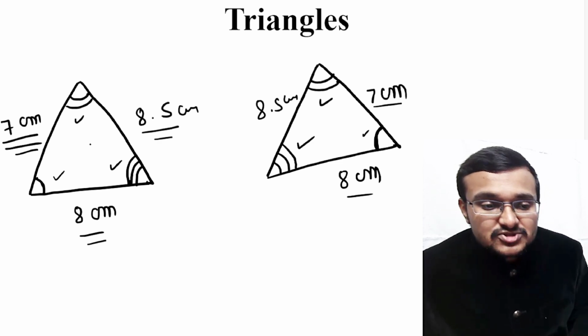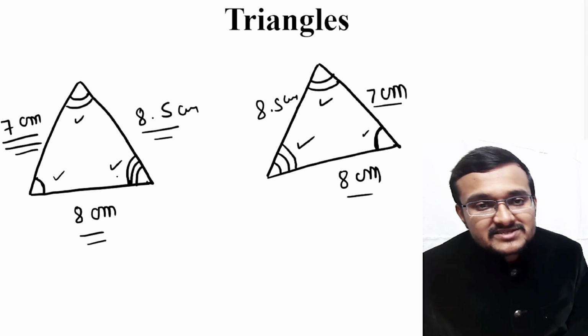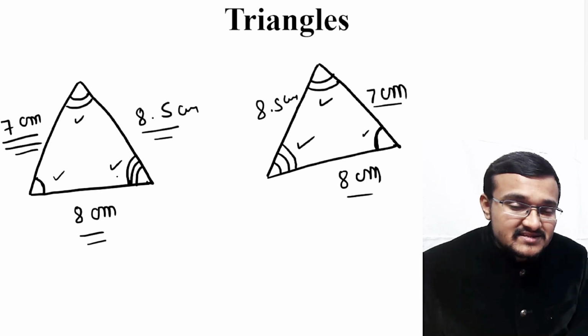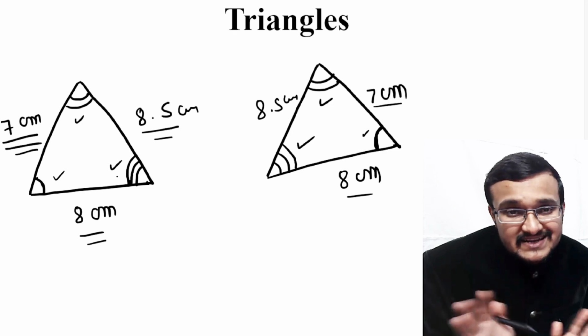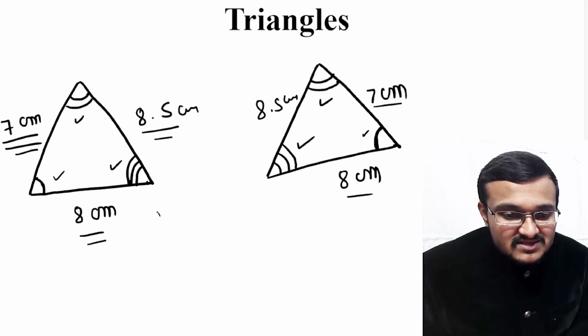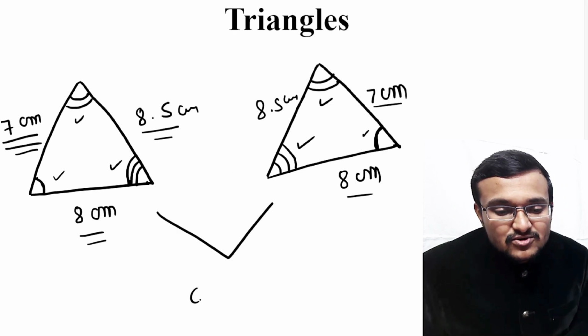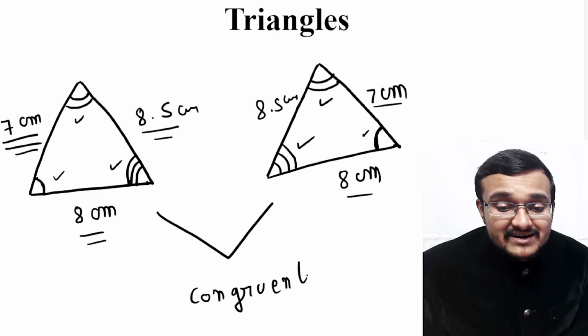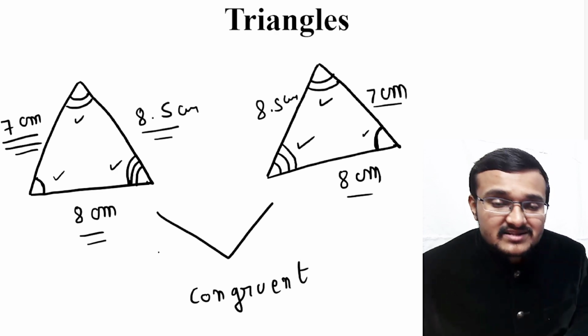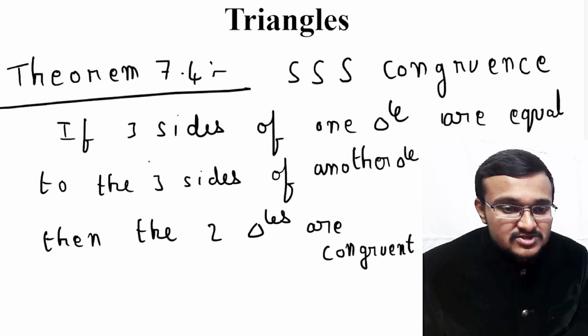So all the respective sides and all the respective angles of the two triangles are equal, which means the two triangles are congruent. This is how you can understand theorem 7.4.